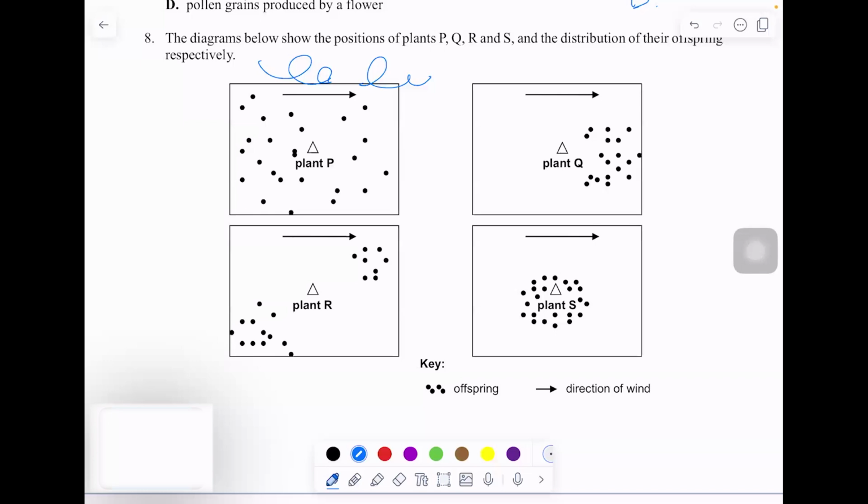Therefore, it will colonize on the right-hand side of plant Q. So therefore, the answer would be B.